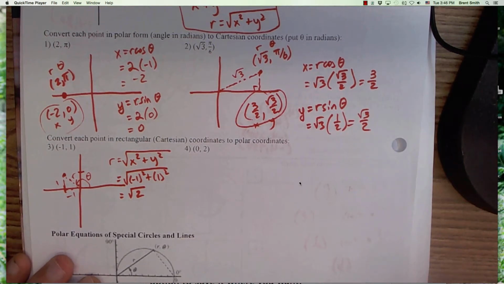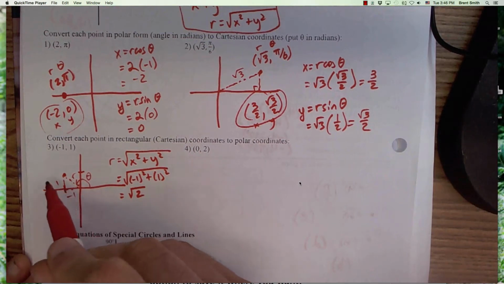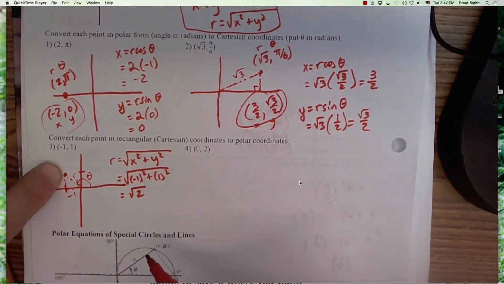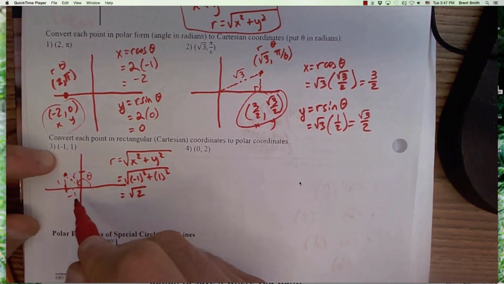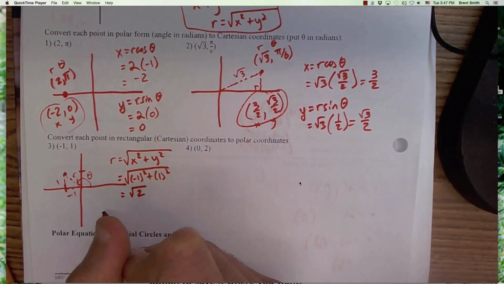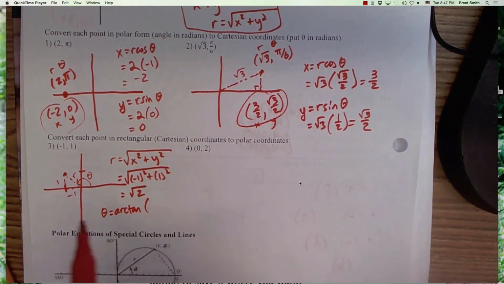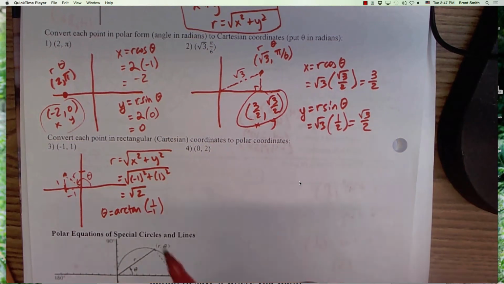You can think back to earlier chapters. We know that this is negative 1 over 1. Using our new definitions, if we just look at the coordinate, we can take the arctan to find this. So by definition, theta equals arctan of y over x, so 1 over negative 1, or arctan of negative 1.